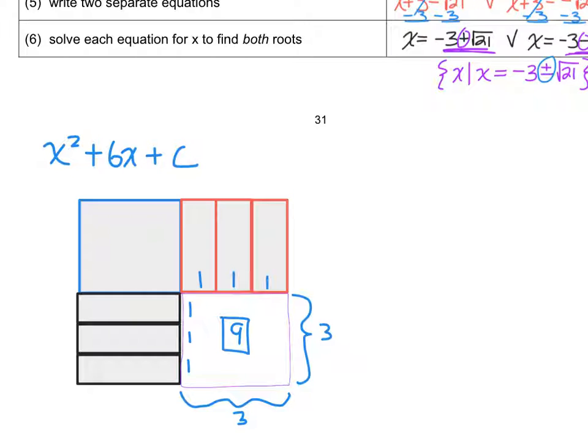All right? So what we're doing, in fact, is taking whatever that b value is, sending half of the values here and half of the values here to make the dimensions of the rectangle, in this case a square, that we could use to find the area. The dimensions would be half of this value multiplied by itself. So half of this value squared. So the b over 2 squared factor.